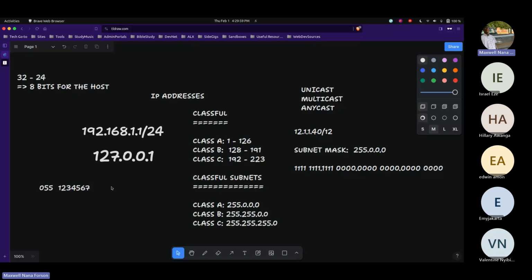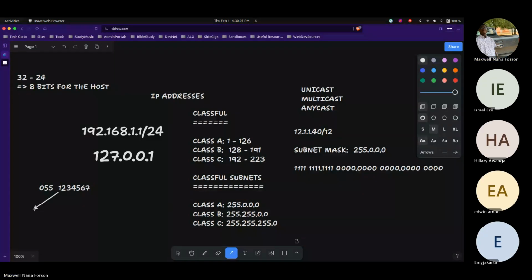Okay, so for instance, here I was given an example of a typical Ghanaian phone number where this side is for the person owning the phone number.